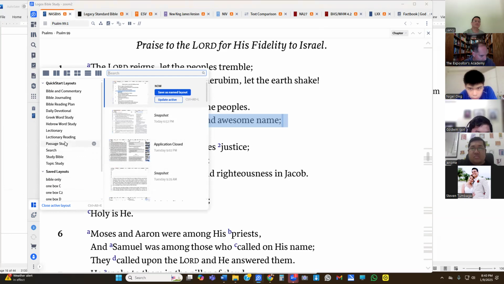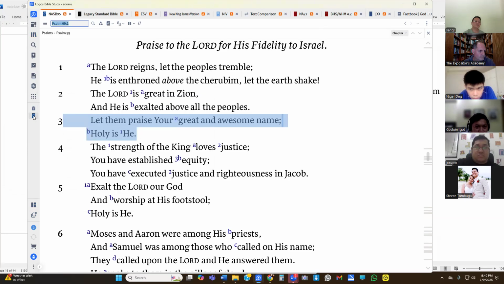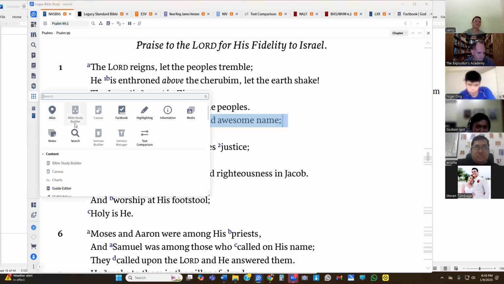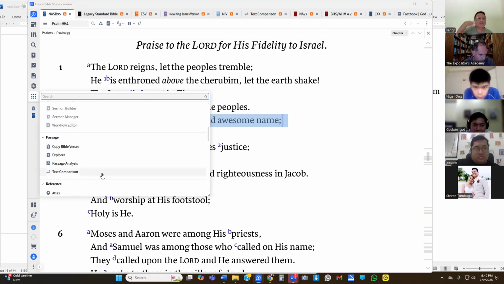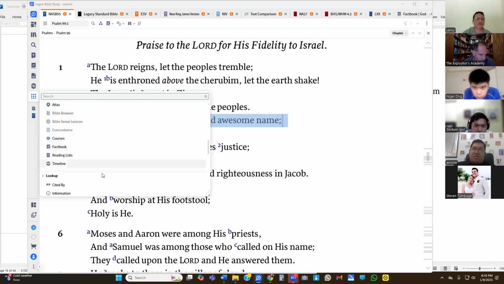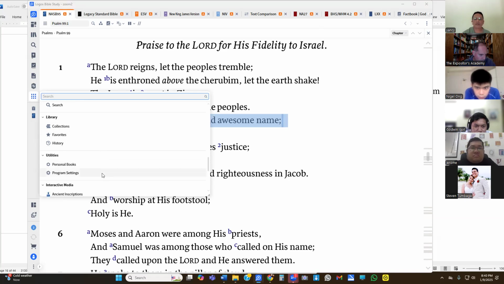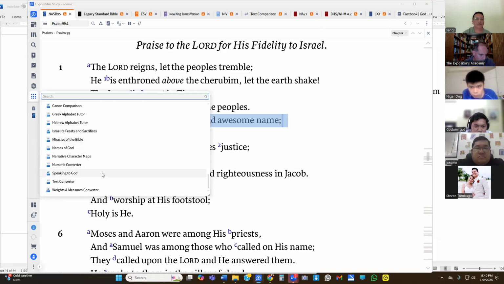Maybe I don't have it in my version. Maybe in the tools, Dr. Tim, you can check the other tools. Because here in the quick start, I have Psalms Explorer. I tried to search from that module and some Explorer came out.